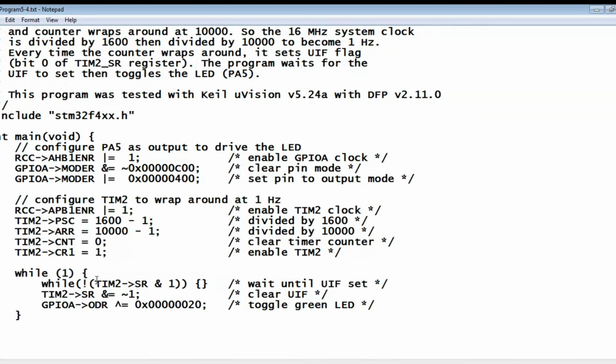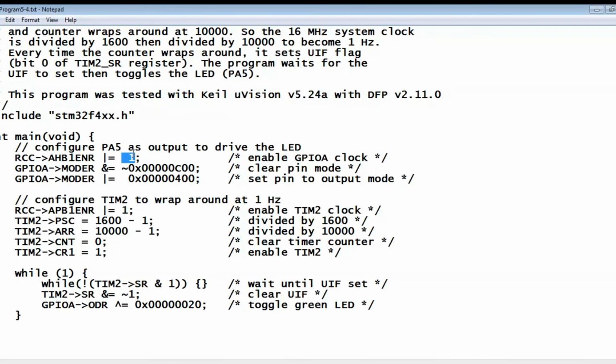So this is a program. What is this program for? You need to blink an LED connected to PA5 with a delay of 1 second using the timer 2 peripheral. So what is the first step you need to do? First step is you need to configure the PA5 clock to GPIO A. So first step is AHB1 enable equal to 1.